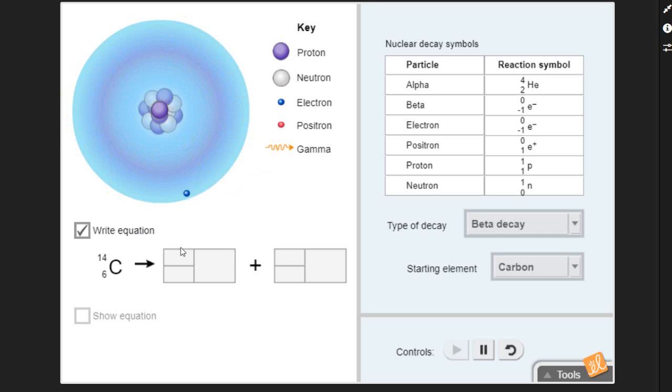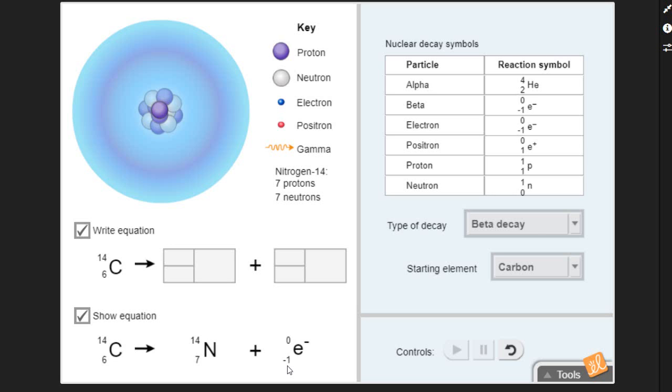Okay? Now, if we look at that equation, don't look at this piece. I want you to look back here. Right here. What do we see? An E. What does the E stand for? Well, that's what you need to know, beta, but what does the E actually stand for? Electron. Look at the number 1. What's with the number 1? A negative. So what kind of decay is this?